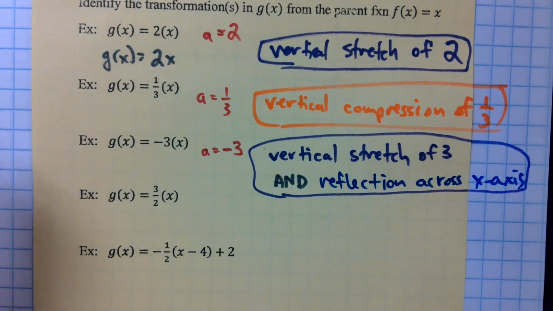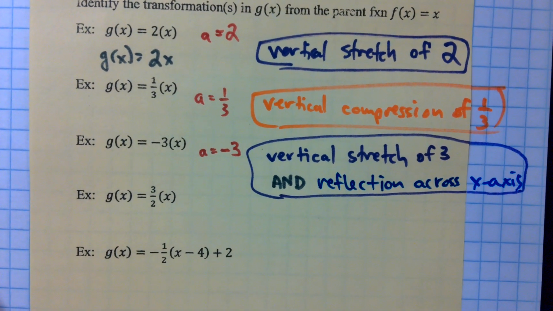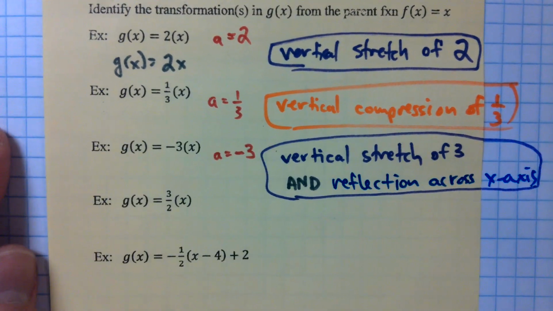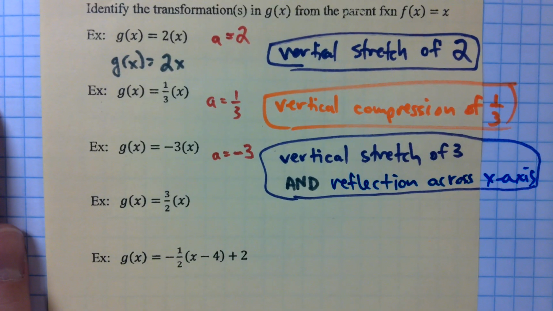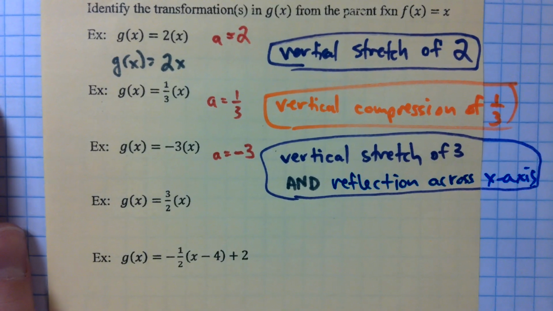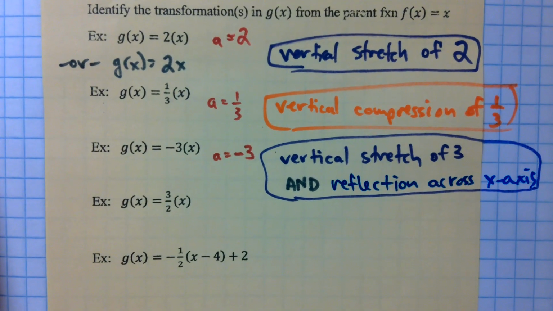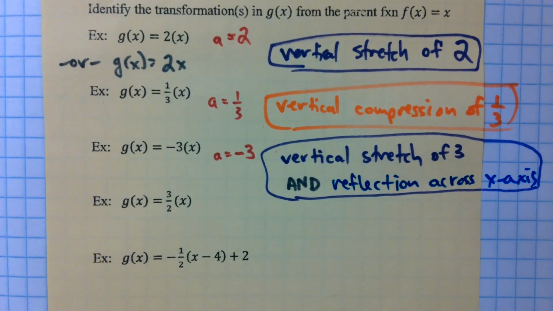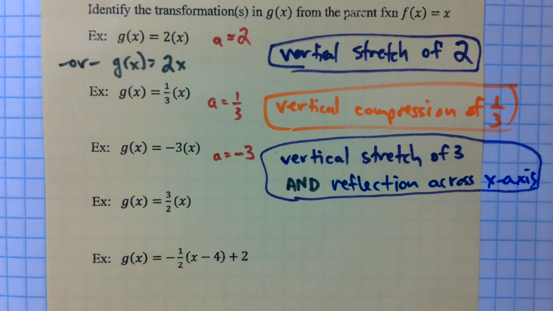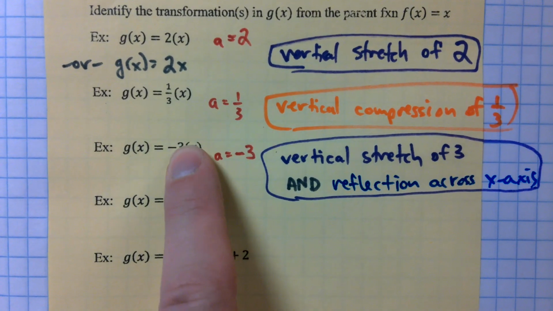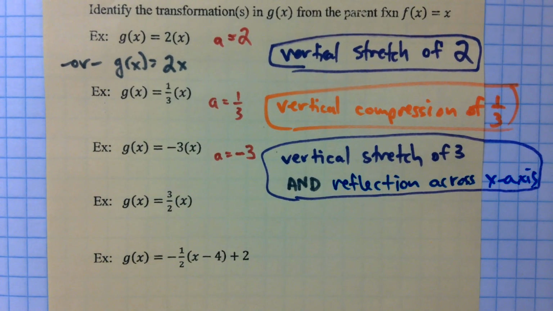Sometimes I've got a laundry list of transformations that I'm applying to one specific function. So I really want us to make sure we're understanding: the negative sign is its own transformation. It's its very own thing. It's a reflection across the x-axis. When I'm figuring out whether I'm stretching or compressing, we're only looking at the number itself, not the negative sign.